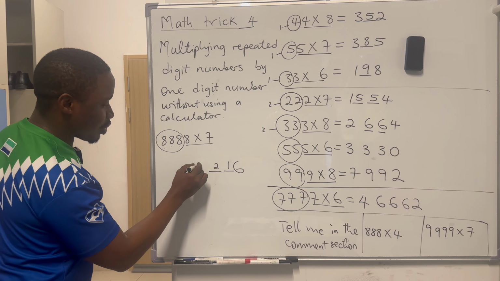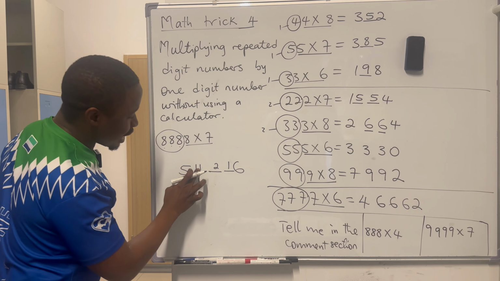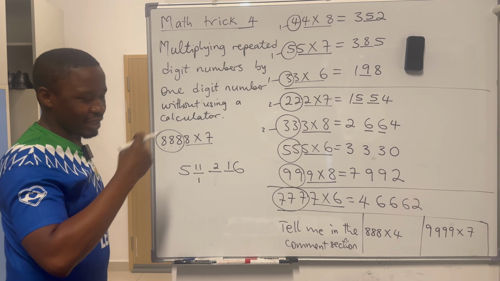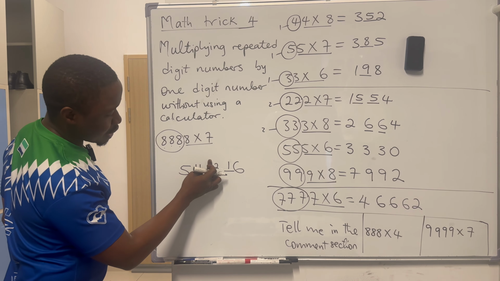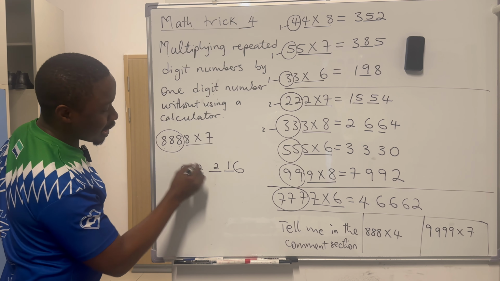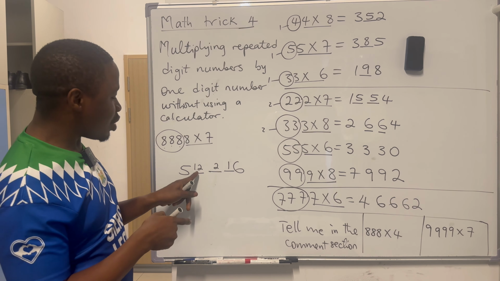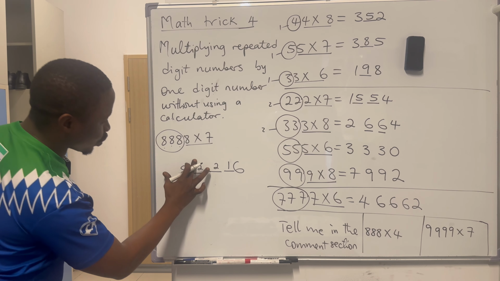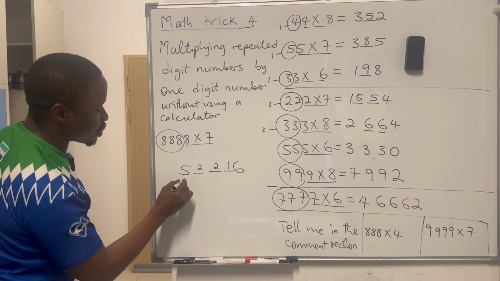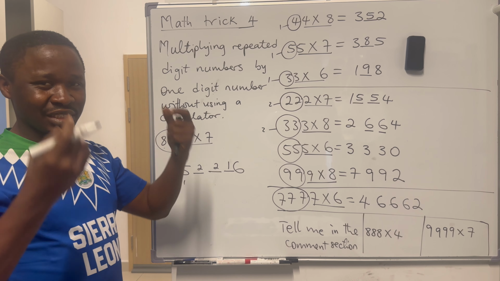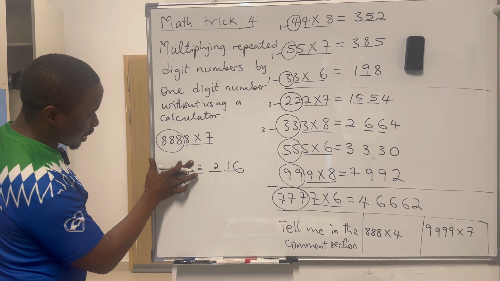But we had 11. We brought 1 from here. I hope you are with me. This one added to this 11 becomes 12. The same thing happens. There must be no 2-digit number between this and this. So this one finally moves to this. So there is no option unless the first digit changes. 5 plus 1 is 6.